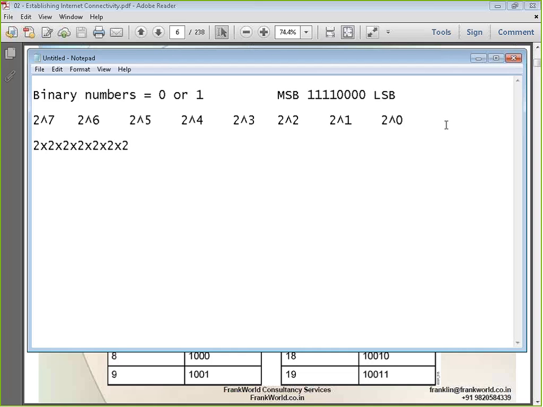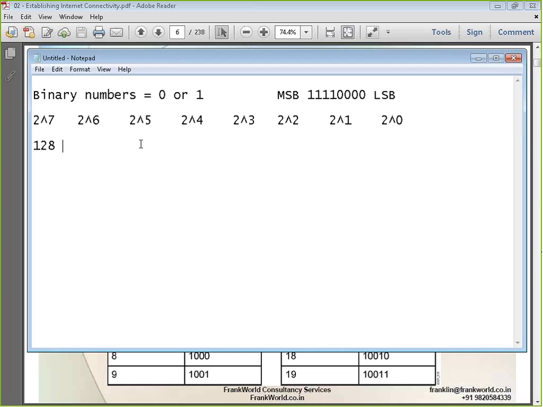The answer that I've got here, 256, is with regards to 2 raised to 8, because 2 raised to 7, if you look at it, is 128. See, 2 multiplied by 2 is 4, 4 multiplied by 2 is 8, 8 by 2 is 16, 16 by 2 is 32, 32 by 2 is 64, 64 by 2 is 128. So 2 raised to 7 will be 128.